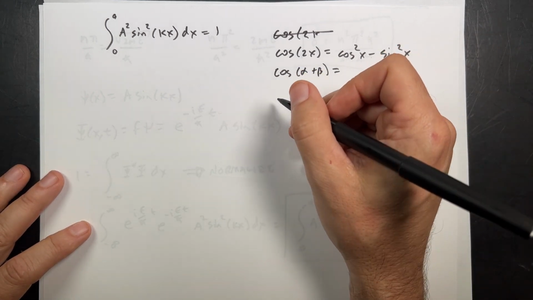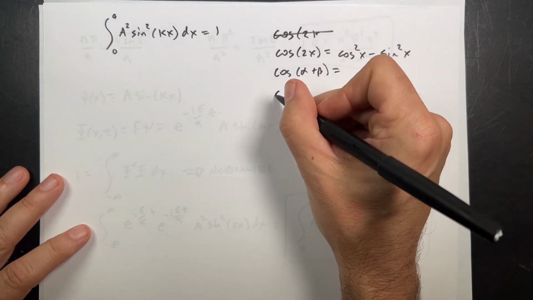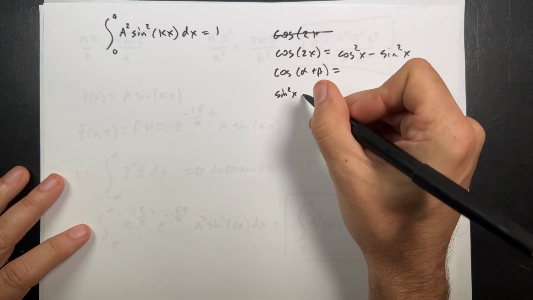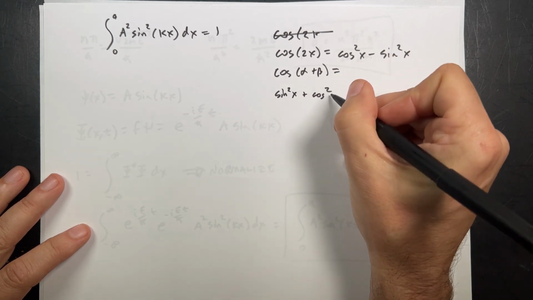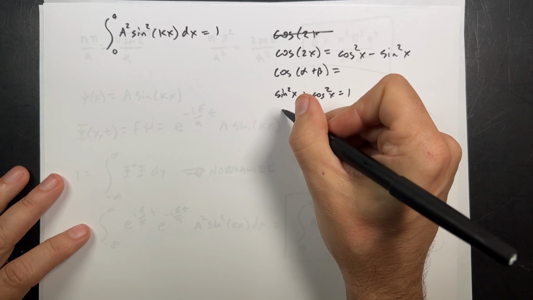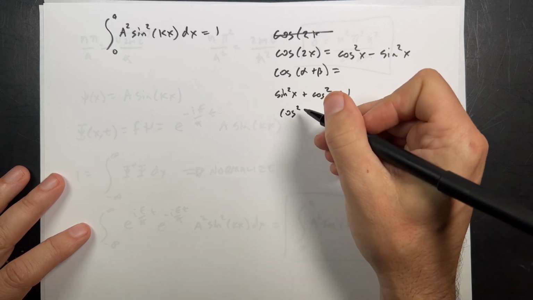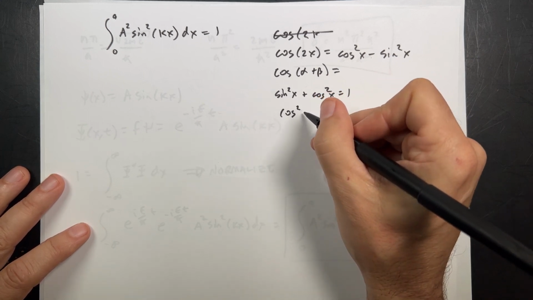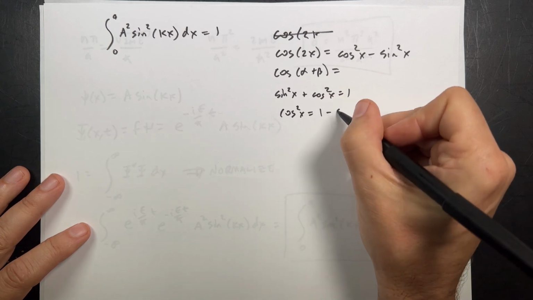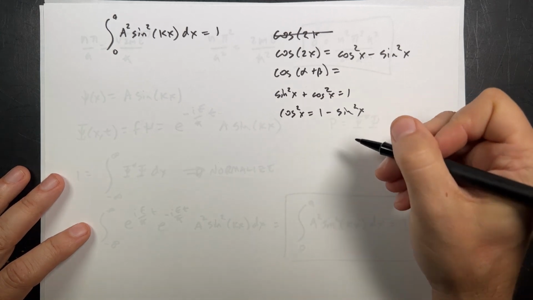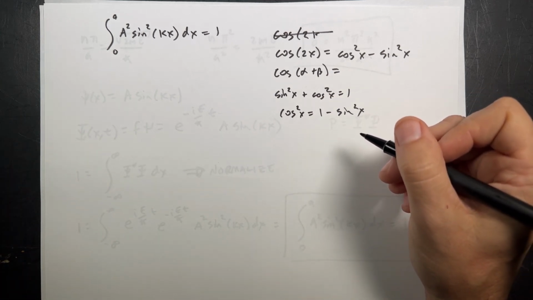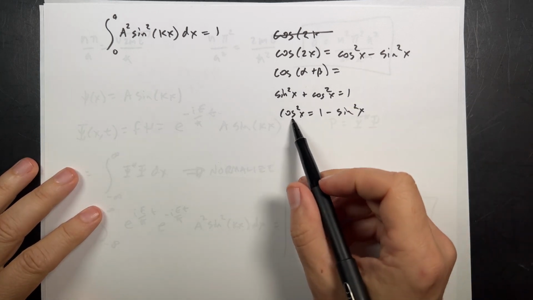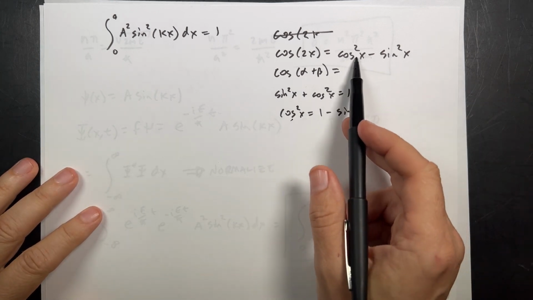I also know that sine squared of x plus cosine squared of x is equal to 1. So cosine squared of x is equal to 1 minus sine squared of x. Let's put this in up here.